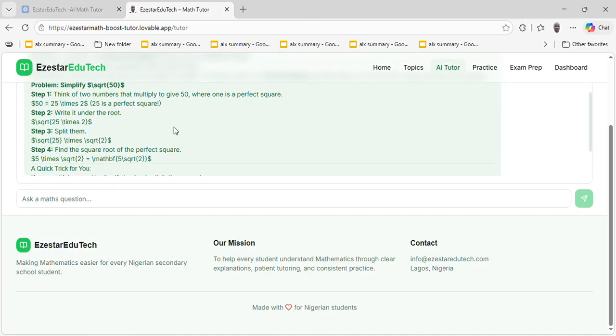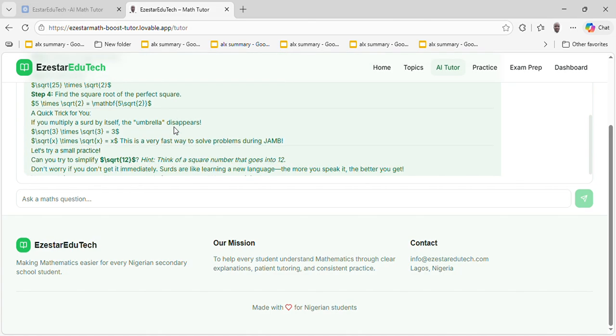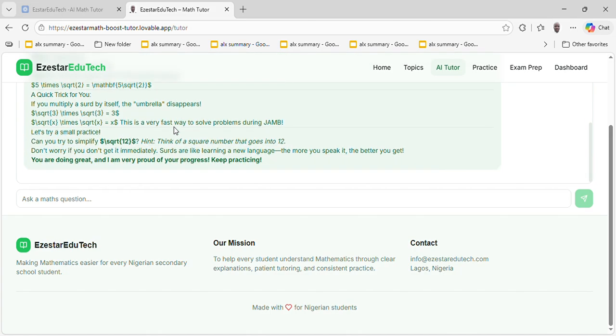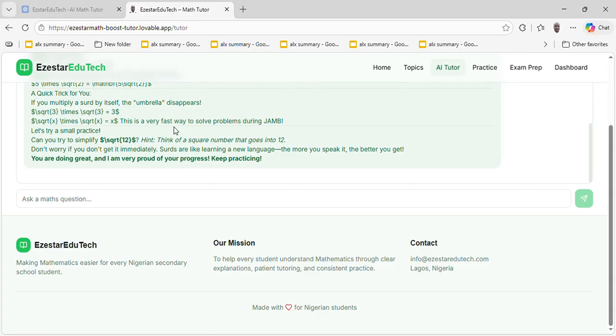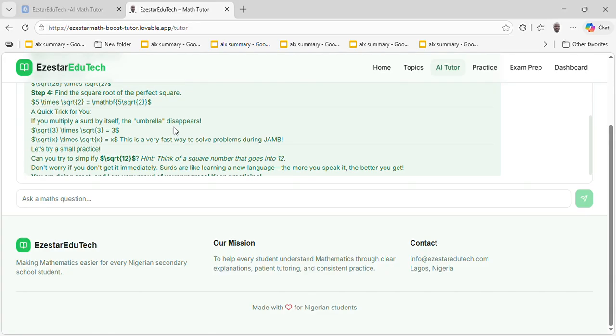Step 2, write it under the root, split them. Then a quick trick for you: if you multiply a root by itself, the root disappears, and the rest. So this explains it step by step.